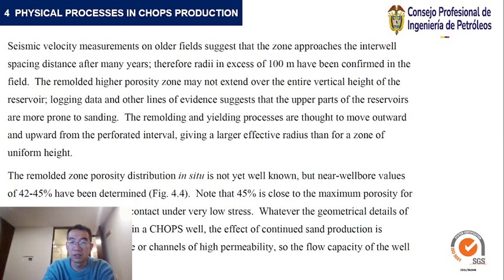Whatever the geometrical details of the zone around the wellbore in CHOPS, the effect of continued sand production is outward propagation of a zone or channels of high permeability. So the flow capacity of the well continues to slowly rise.